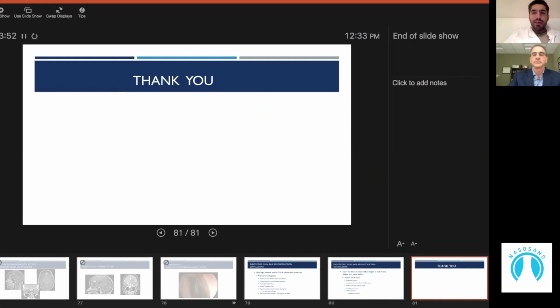Perfect. The other question is from a colleague from France, who is asking, are you facing any differences between leaks from the planum sphenoidale and the frontal beak? So it's very uncommon to have a spontaneous defect on the planum sphenoidale. In the sphenoid, we usually see posterior wall or lateral recess.